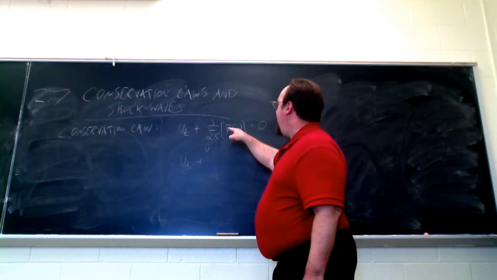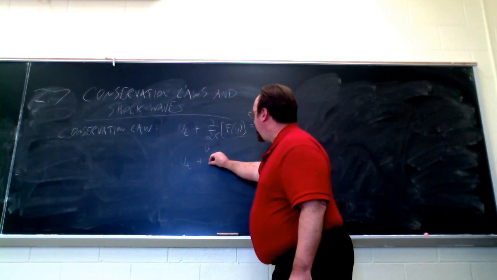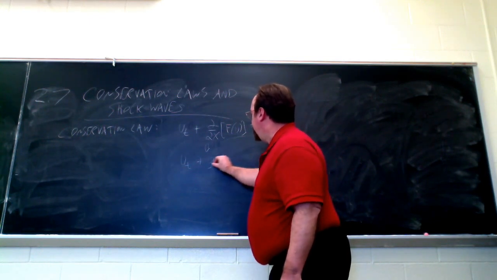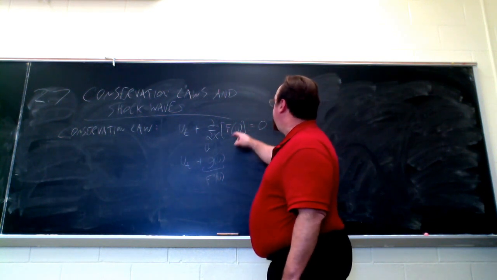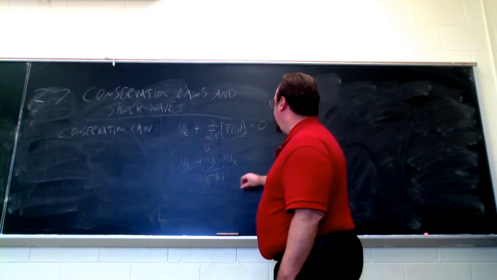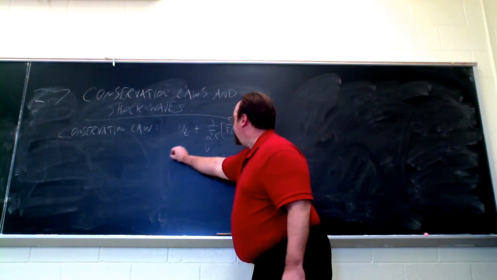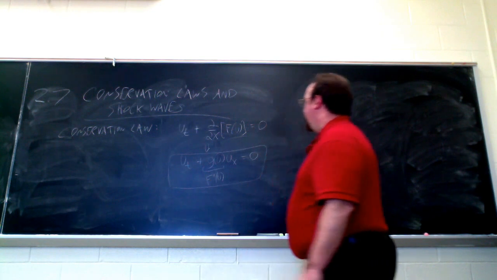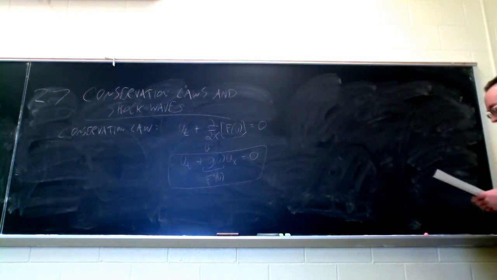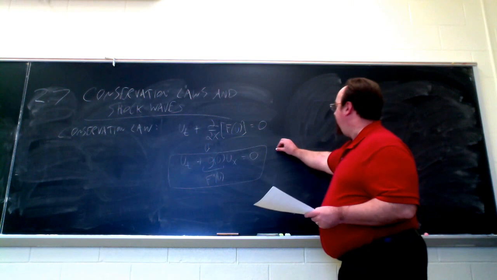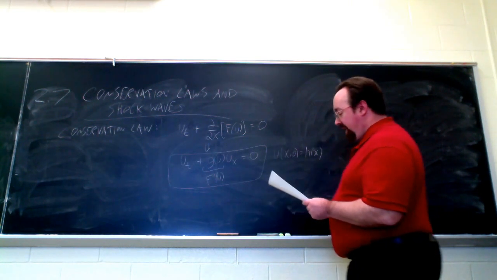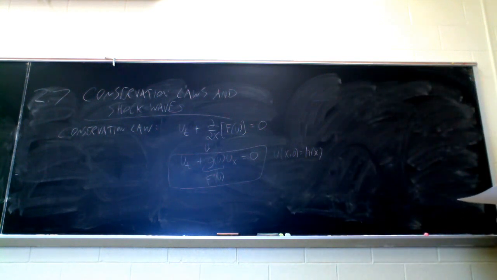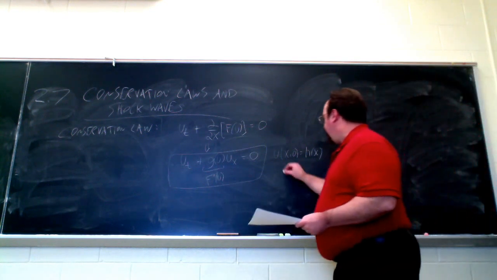So I get f prime of u, but I'm going to call that g of u. So g is f prime, times du/dx. It's a straight chain rule here. This is the form we'll work with as far as characteristics is concerned. And then we'll throw in an initial condition, u of x, 0 equals h of x. Then we proceed in exactly the same way as before to try to get a solution.